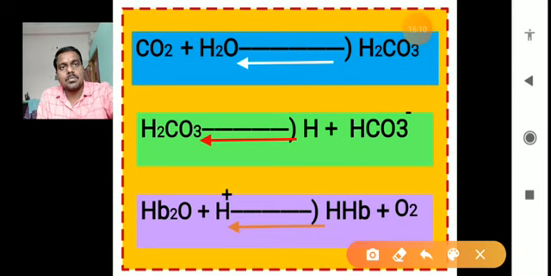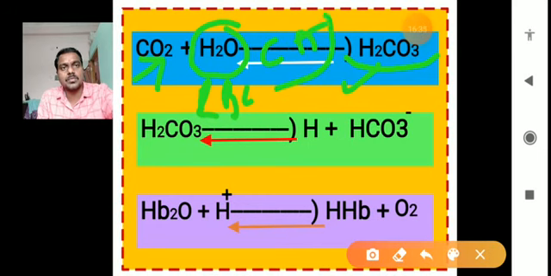So the carbon dioxide is released in the cell, at the cell level, and it binds with water in the RBC. The carbon dioxide enters the RBC and forms carbonic acid, that means H2CO3. This H2CO3 forms with the help of carbonic anhydrase.